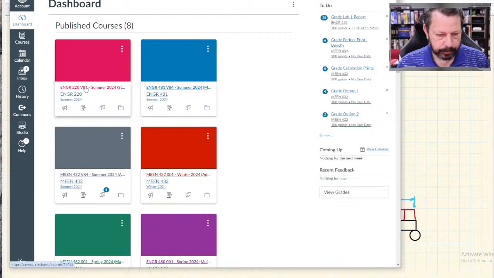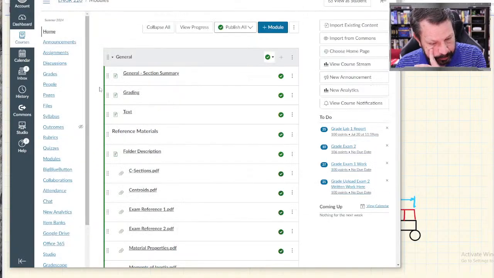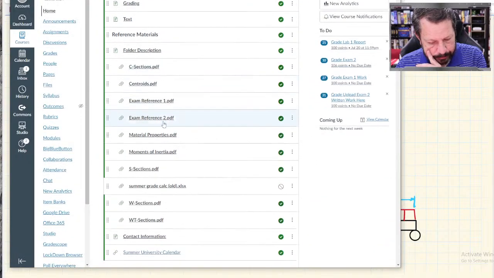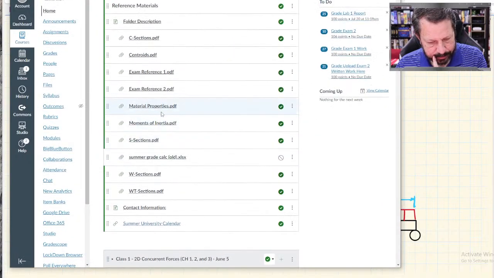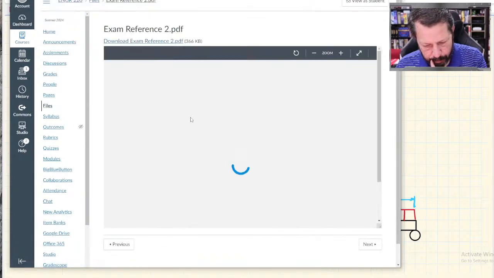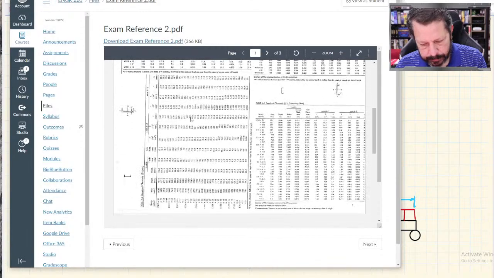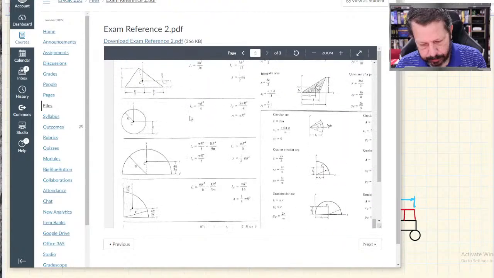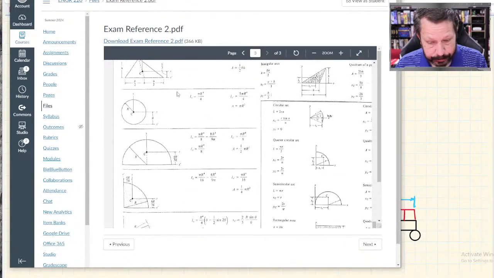Oh, did the wrong button there. Those would be, I guess, in the exam reference. But they're in exam reference 1, not 2.